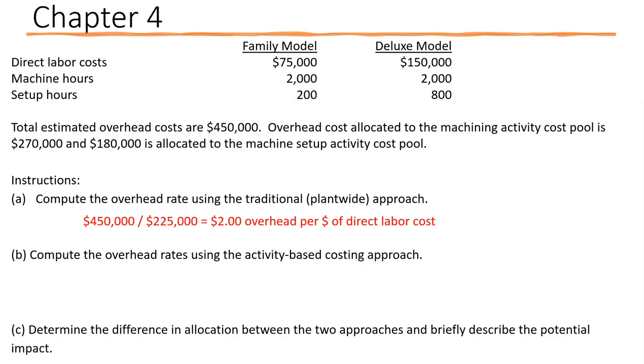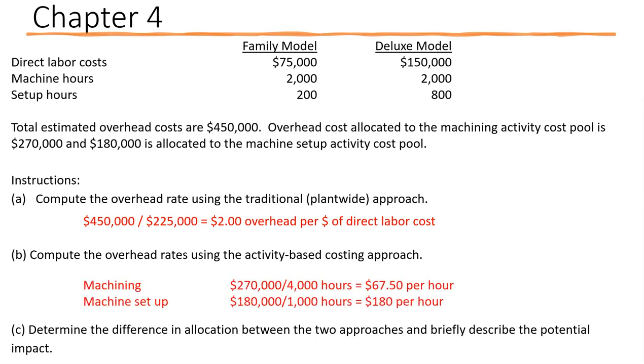It's 2,000 hours for family, 2,000 for deluxe, 4,000 total. So we'll take that 270 divided by 4,000. And then setup hours, $180,000 of overhead is allocated. We have 1,000 setup hours, so 180,000 divided by 1,000 is $180 per hour. Machining, when we do that math, is $67.50 per hour.